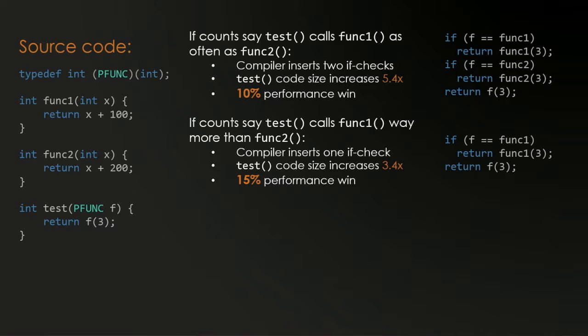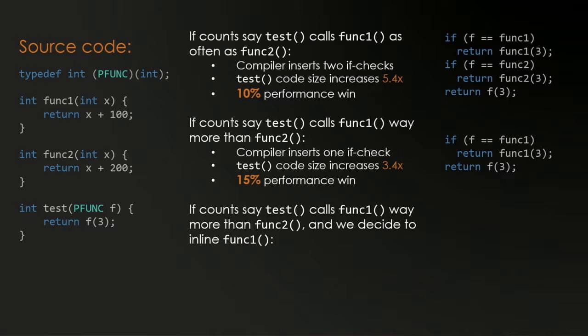But what I'm actually interested in is what if the profile counts tell us that test calls func1 way more than func2, and we then decide to inline func1. That's what the code generation effectively looks like. It checks to see if f is equal to func1, and just returns the value, because we're able to inline it and figure out what's actually going on.